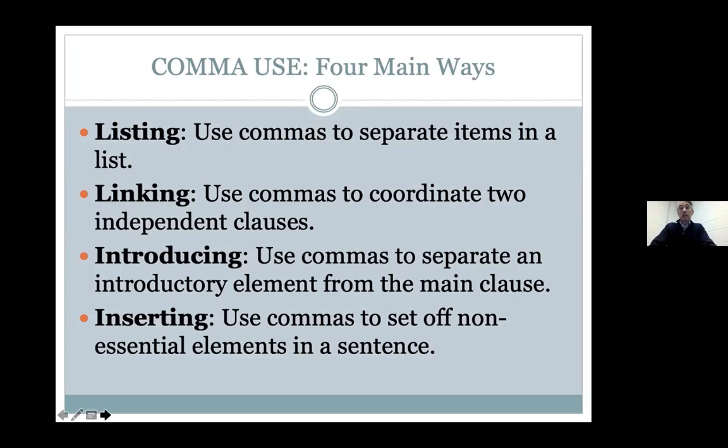So we're combining things and showing relationship, as we'll see. Then we have introductory elements, and sometimes those can be words, phrases, or clauses that come at the beginning of a sentence and precede what we would consider the main clause. The last one is kind of the most complicated in a way. We call it inserting, and this is where we consider non-essential elements, almost like asides or additional information. Sometimes we use commas to set those things off. Okay.